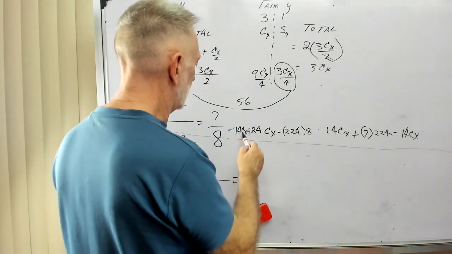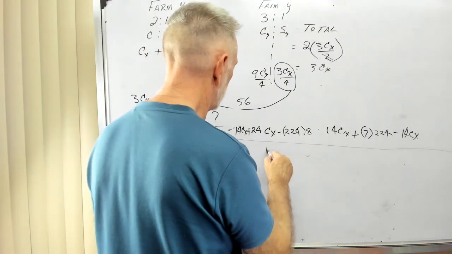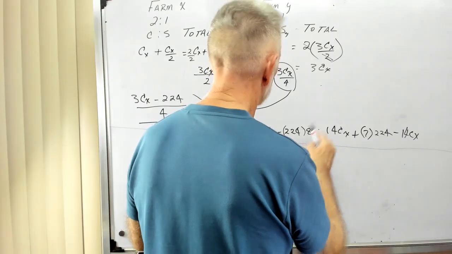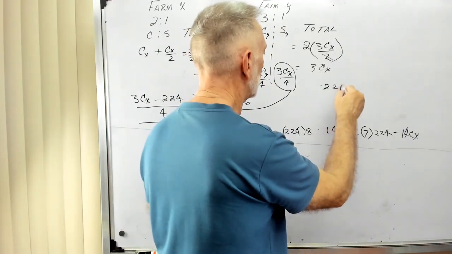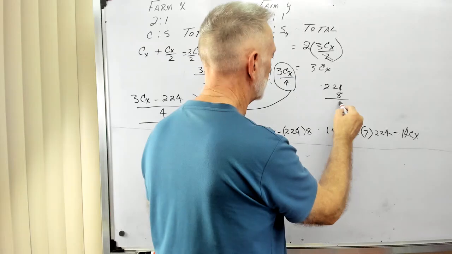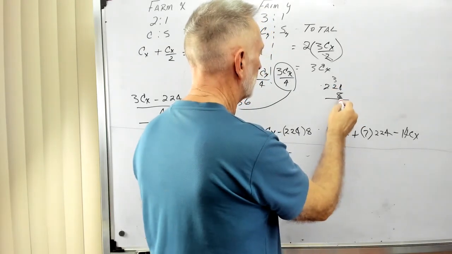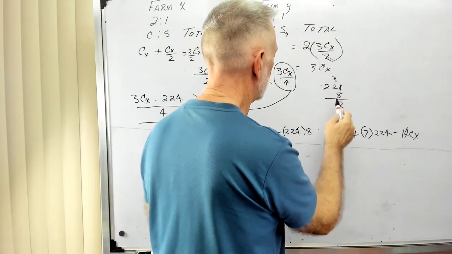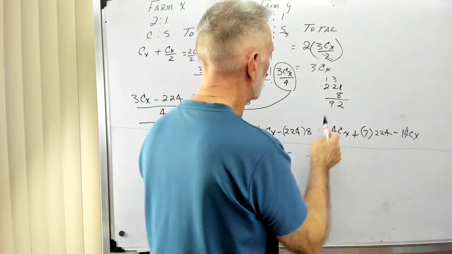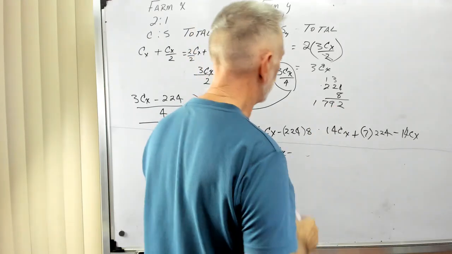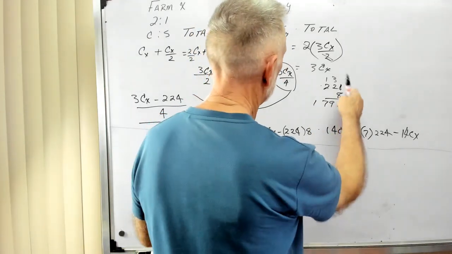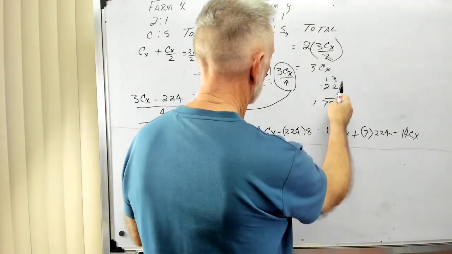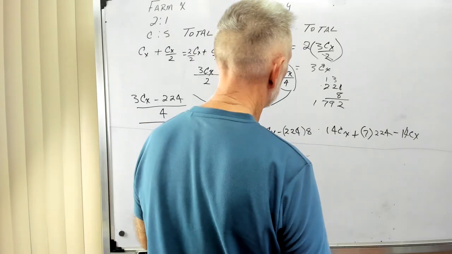So if I take a negative 14 plus 24, gives me a positive 10 cows on x minus, let's go ahead, 224 times 8. 8 times 4 is 32, 8 times 2 is 16, 17, 18, 19. 1792.